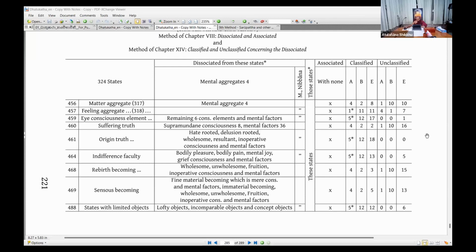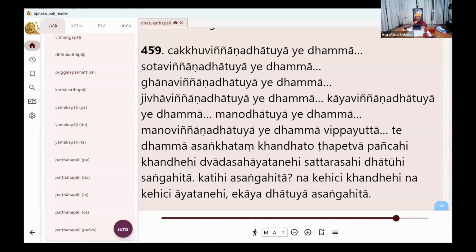Okay, just to add one more thing to the explanation here, we find 0 and 0 for aggregates and bases when it comes to the unclassification. If you look at the Pali, we have to see how it is given. This is the Chakku Viññāna Dhātuya, the state of inquiry which we discussed. In the unclassification part, it starts from the question, Kati Asangahita, with how many aggregates, how many bases, how many elements are those states disassociated with. Then we find the Pali Na kehichi khandehi, Na kehichi ayatanehi, ekaya dhatuya asangahita.